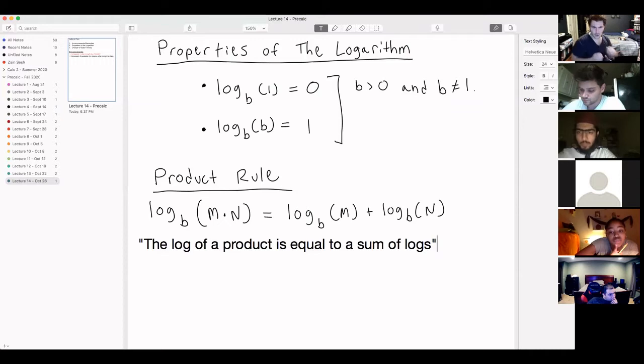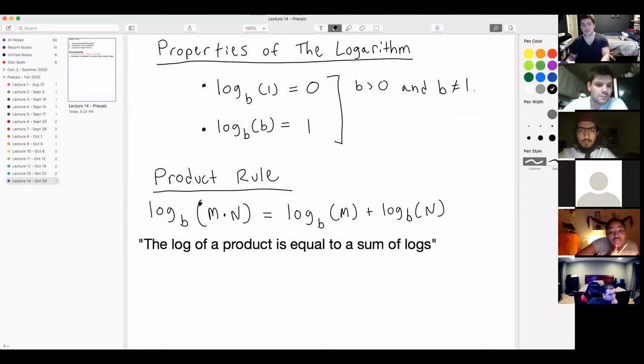I hope you can see the connection between the quote and the property itself. I have a log of a product, and that translates to a sum of logarithms, where each factor of the product is the input. Very nice property, very useful.